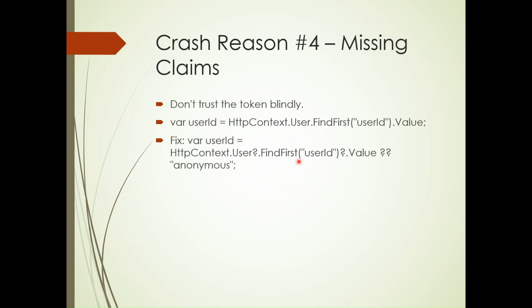The other reason is that whatever we are receiving from a particular context, we try to use it blindly. We don't validate those particular values. So some endpoints crash when unauthenticated or misconfigured users hit them, so always validate the claims.